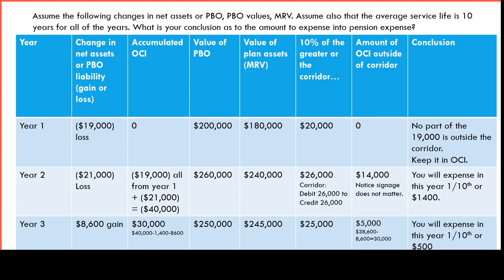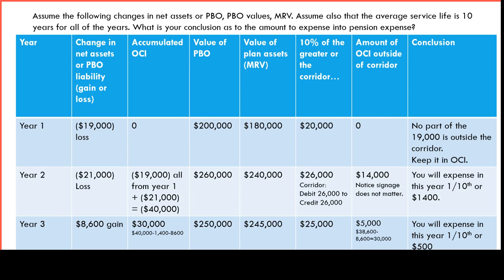So in the last column, the conclusion says that you are going to take an additional amount to pension expense for this year, and the pension expense for this year is going to be $1,400. Now, is it going to be a debit? Is it going to be a credit? Well, we need to have 26,000 in there.